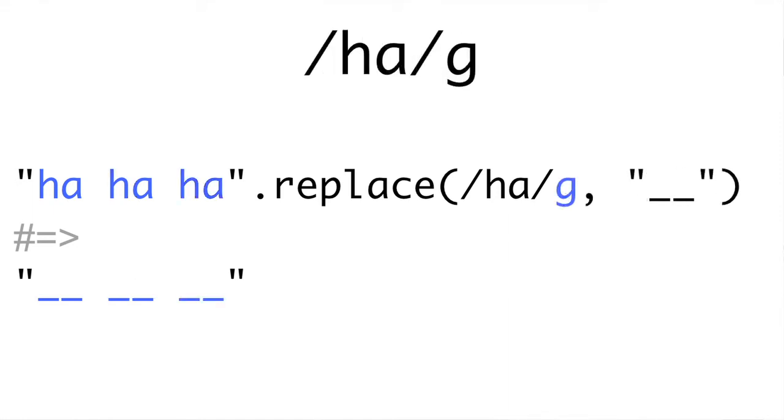Now we probably want to replace all of them, and in order to do that, we just need to place the /g modifier at the end of our regular expression, meaning that we want to match ha globally in our regular expression. So in this case, it's matching all of our ha's even though the previous ones have already been matched, and now all of our ha's have been replaced by underscores.